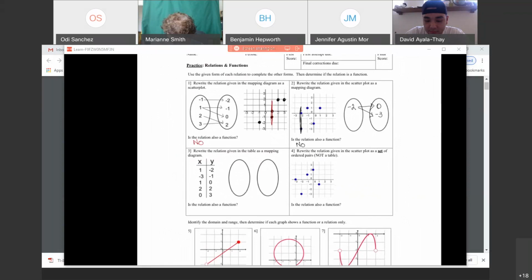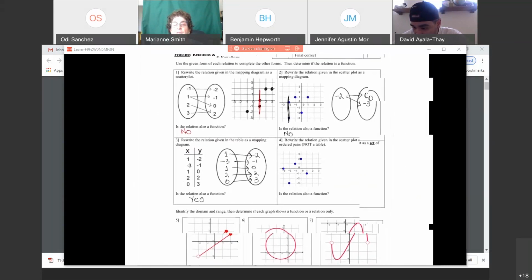So if I were to write this in a diagram, I get 1 goes to -2, I get -3 goes to -1, 1 goes to 0, 2 goes to 2, and 0 goes to 3. Right? So no problems there. I don't have a single input giving me 2 different outputs. So this one, yes, is a function.